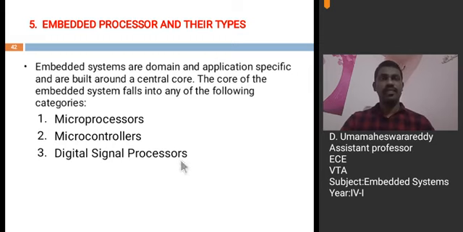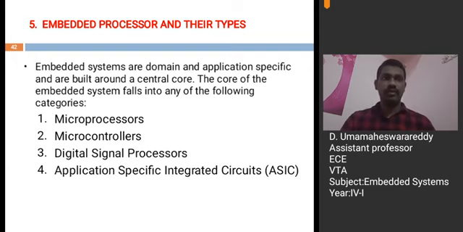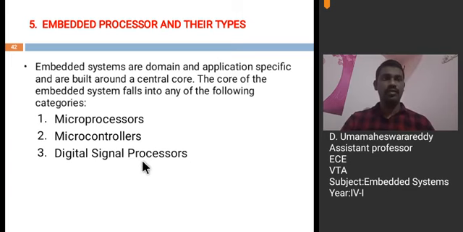DSPs use real-time calculations like FFT, as we studied in the DSP subject, fast Fourier transforms, DFT, discrete Fourier transforms, convolutions, sum of products calculation, etc. These are mainly used for audio, video, signal processing, telecommunication, multimedia applications. And these are some of the examples related to DSP.